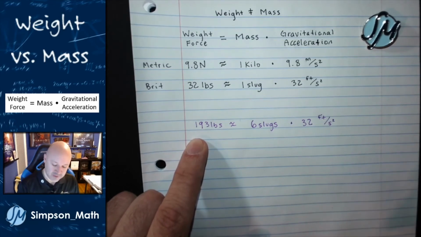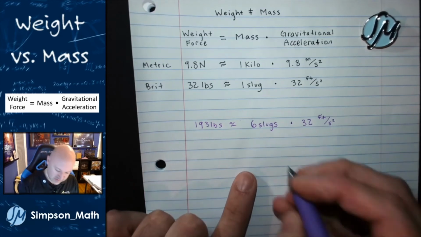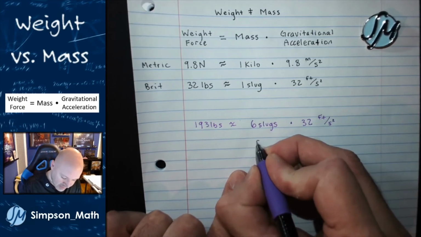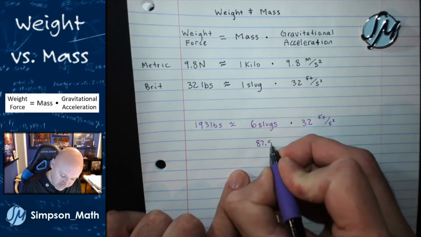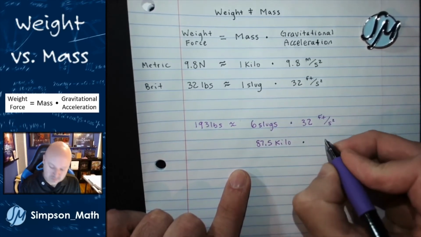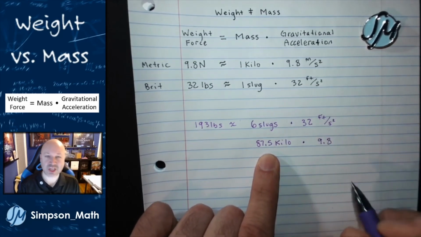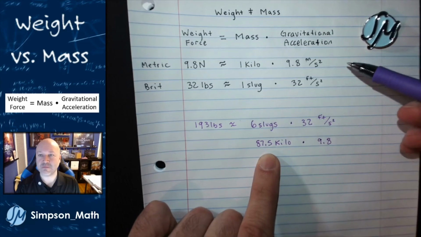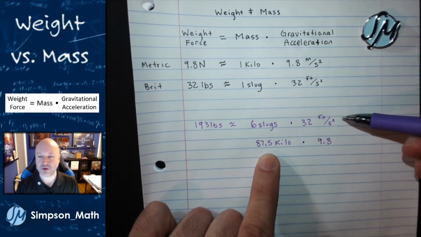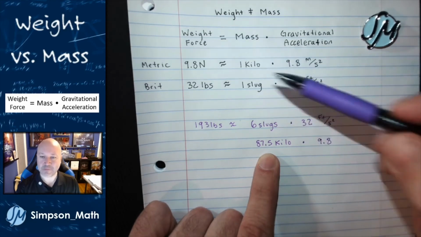Anything else? Oh yeah. The next time you step on a scale, if it says that you weigh 87.5 kilos, well, that's not your weight, that's your mass. Your mass doesn't change as you go from the moon to the earth to Jupiter to Mars. The mass stays the same.